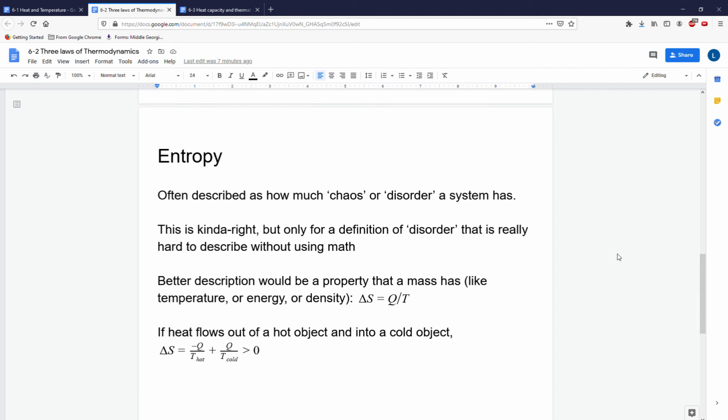Specifically, the kind of disorder we use for entropy is number of microstates per macrostate. Now, that still doesn't explain very much. A macrostate is a way that things can be arranged such that they have given macroscopic properties, such as a temperature or a pressure and a mass and a density, and all of those.